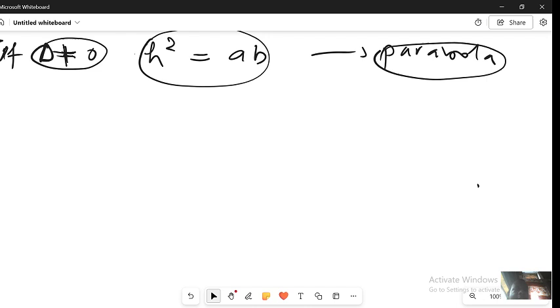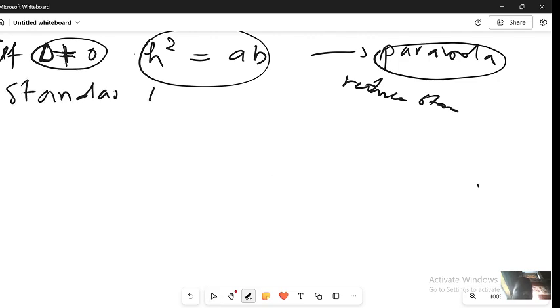Now the second question will be reducing to standard equation. Now we have to know the standard equation of parabola.